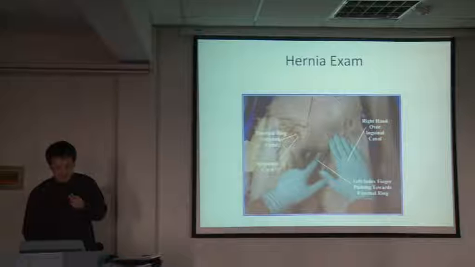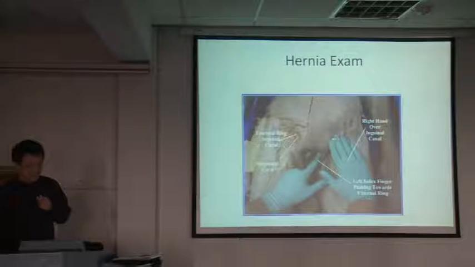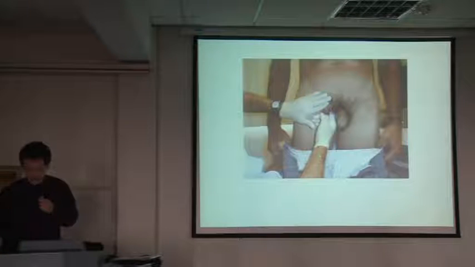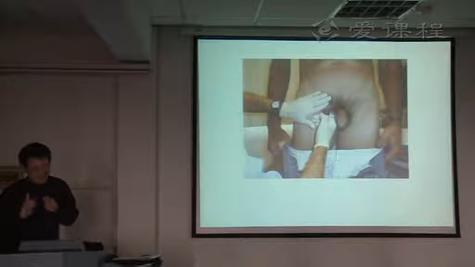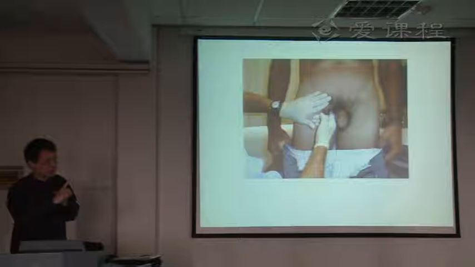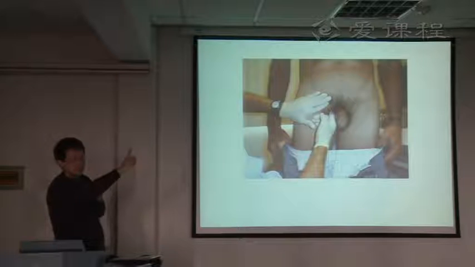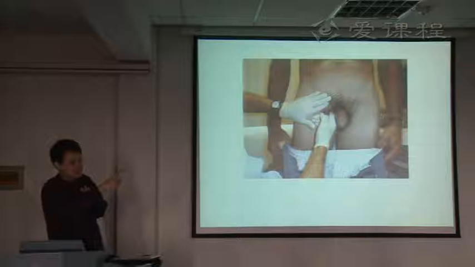Then we have another maneuver you see here. This maneuver is controlled deep breathing, and this one is not clear here. This one should be clearer. This is a live person. Your index finger goes into the most dependent part of the scrotum and obliquely touches the external ring.